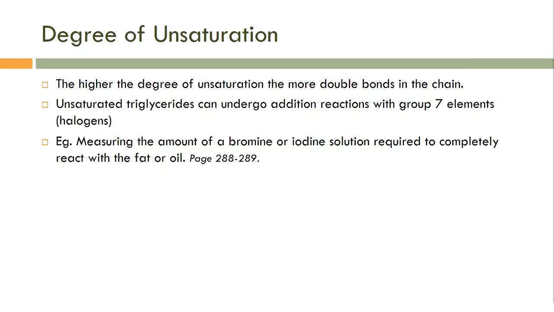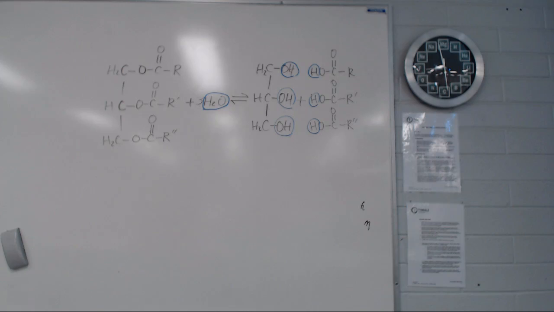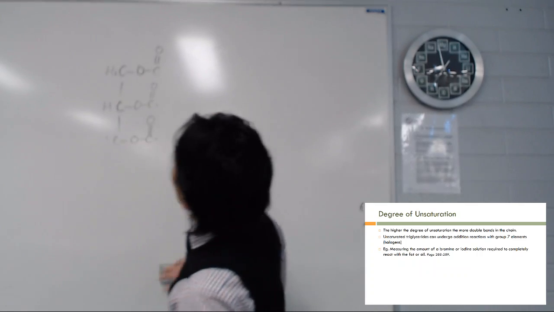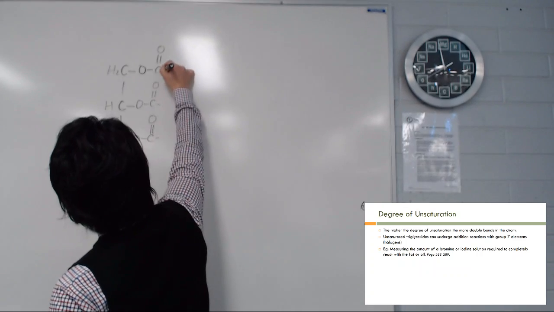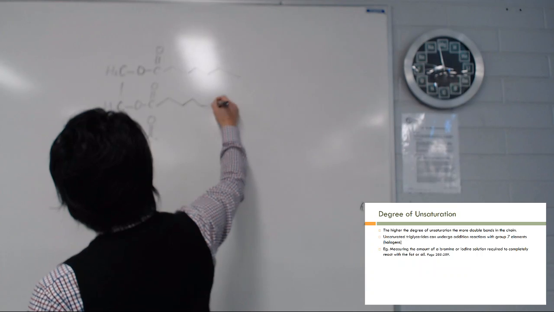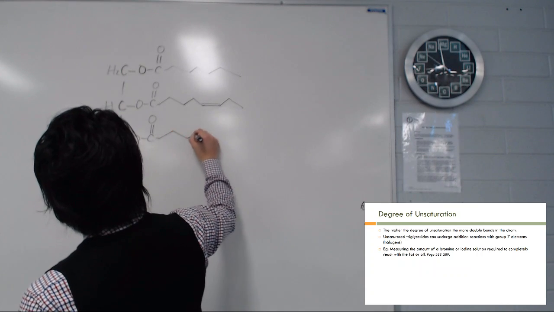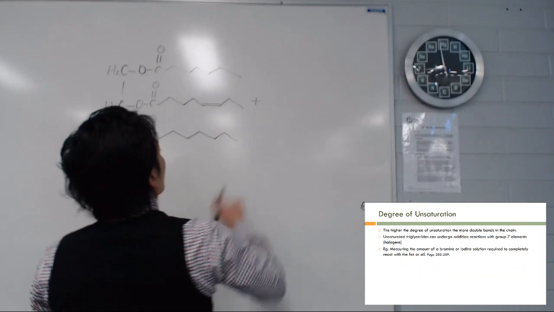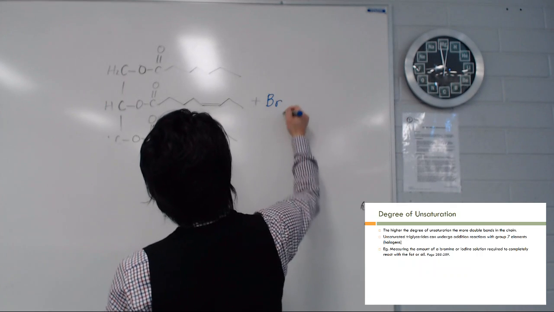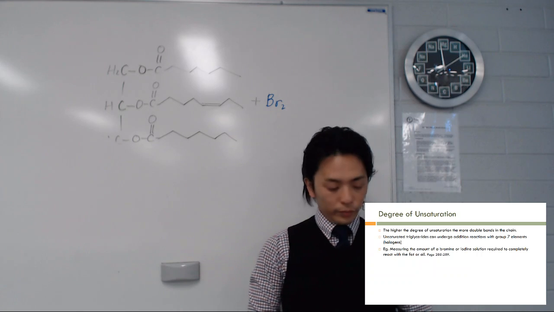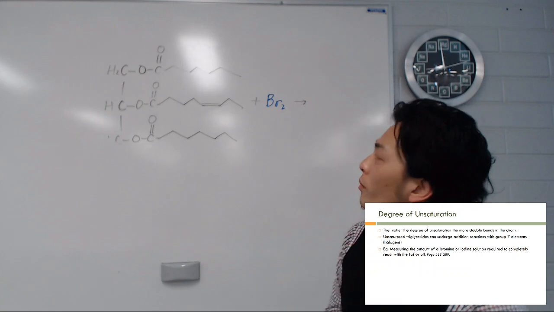All right, so here is the reaction. For example, if you had this oil, and I'm just going to make up this one, and if you add bromine solution, which has Br2, now I might make it 2 of them somewhere.